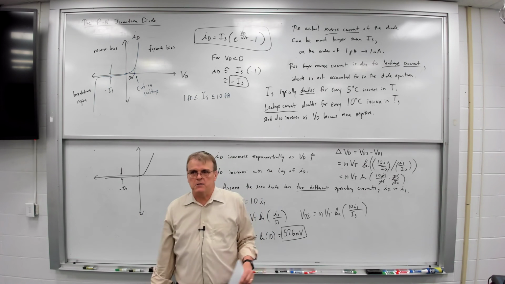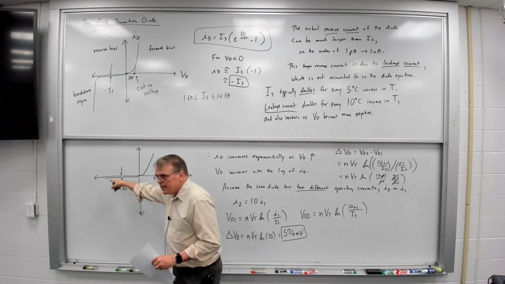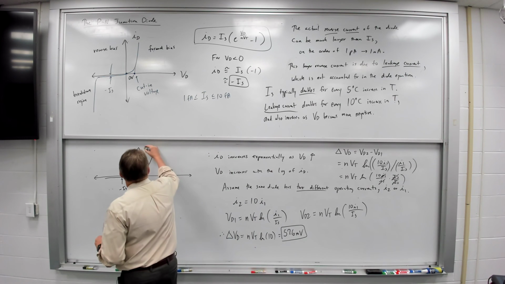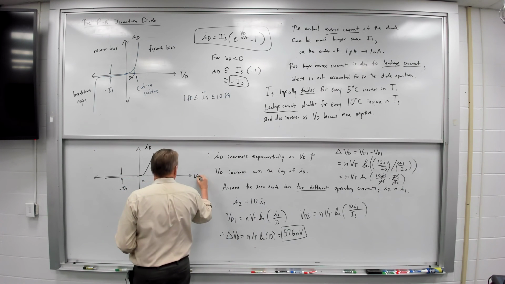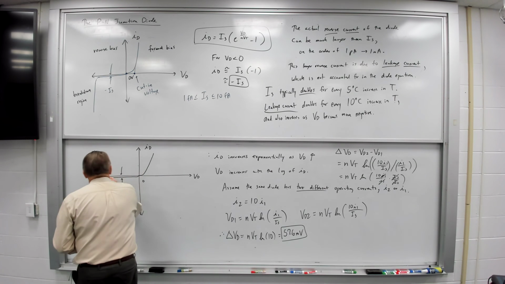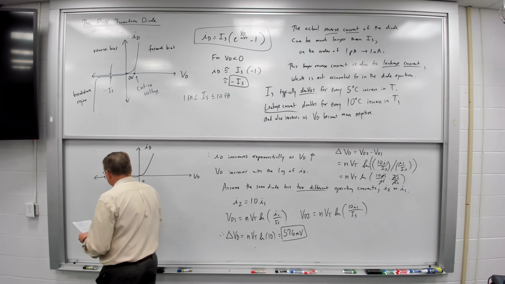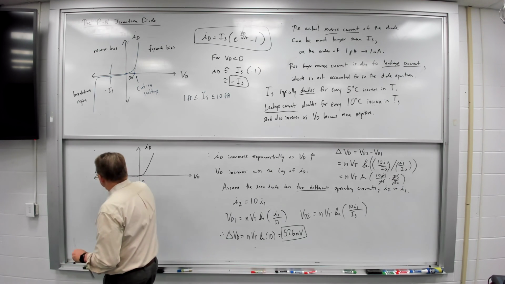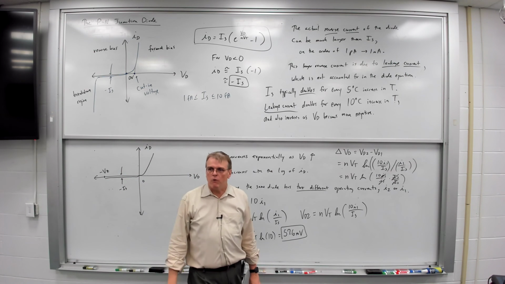I'd need a log scale to see that. But we're going to have a negative saturation current as VD goes negative, until finally we hit a voltage where something interesting begins to happen. I'm going to call that voltage V sub Z. That's a negative voltage, right?